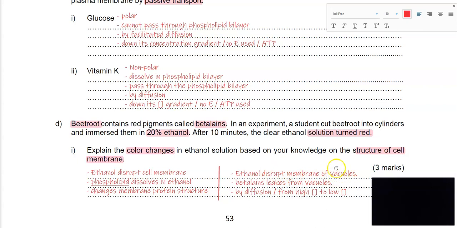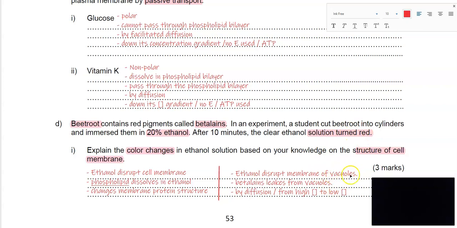Usually the function of the vacuole inside the cell is to store the pigment betalains. So the betalain is inside the vacuole, and the ethanol will disrupt the membrane of the vacuole, releasing the betalain from the vacuole into the solution and causing the solution to turn red.